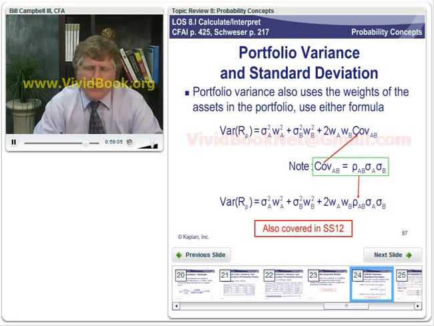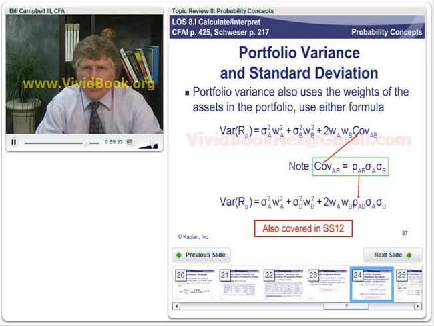This gives us a fundamental idea of portfolio diversification, that if you want to lower the volatility of your portfolio's returns, the way that you do it is by finding assets whose individual returns, as we take pairs of assets, asset A and B, asset B and C, asset A and C, and so on, have a low correlation.